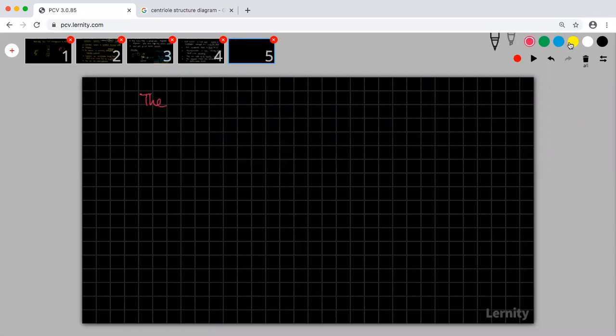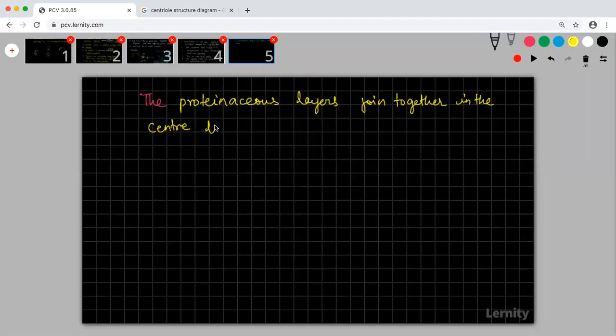The proteinaceous layers joined together to form a hub. A hub means what? Hub is a place where things meet.